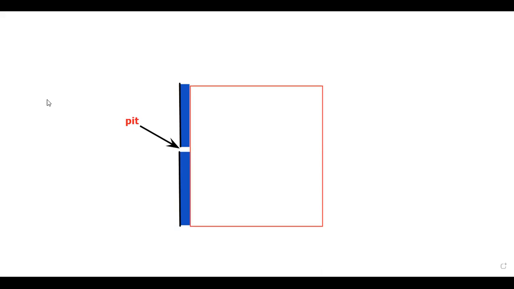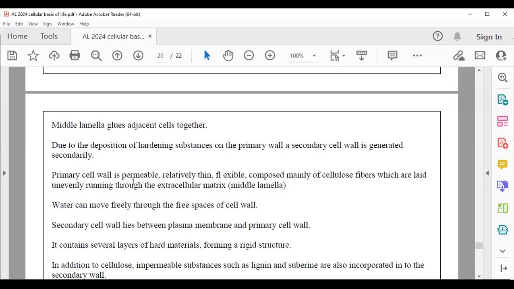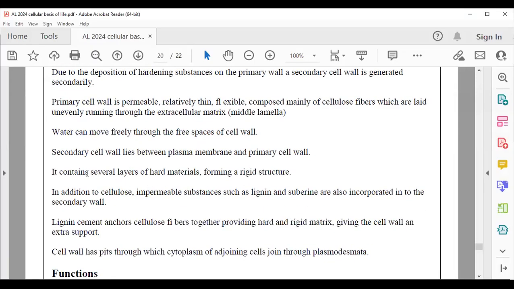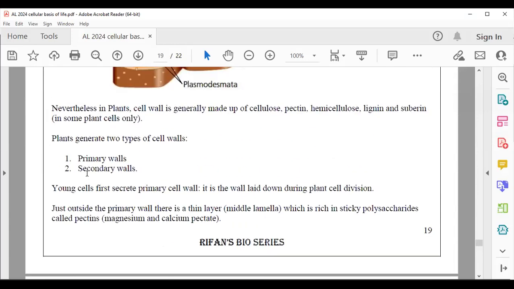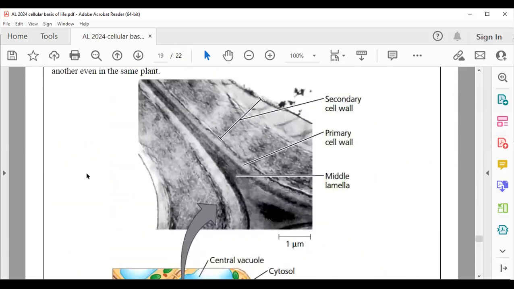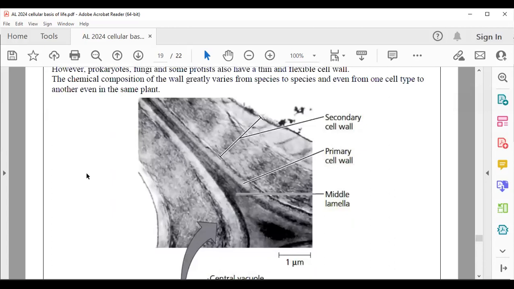Okay, have you marked it? Yes, sir. So now take the notes. Please go through this cell wall notes.